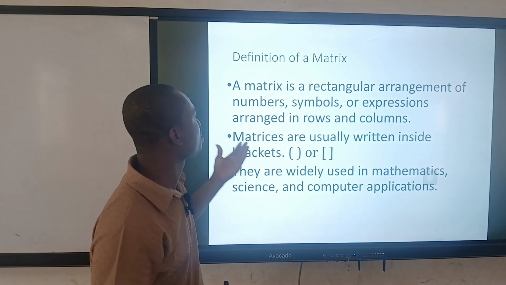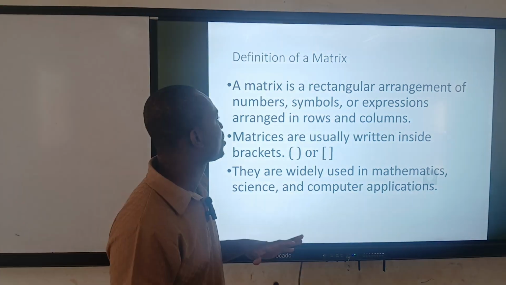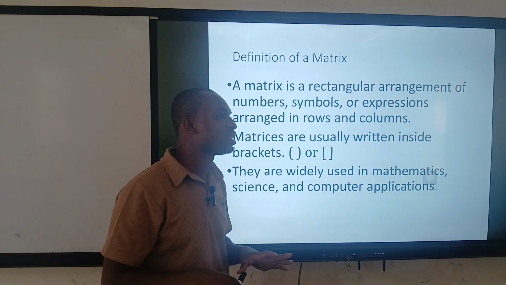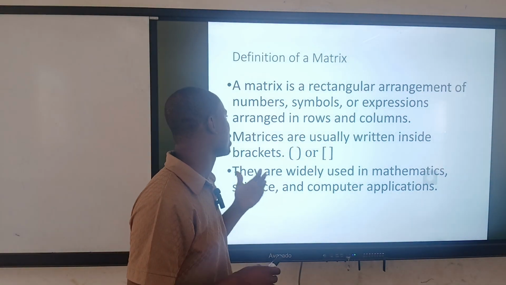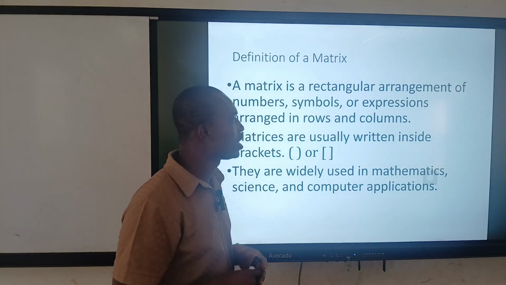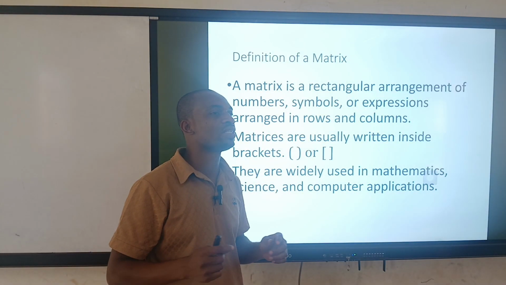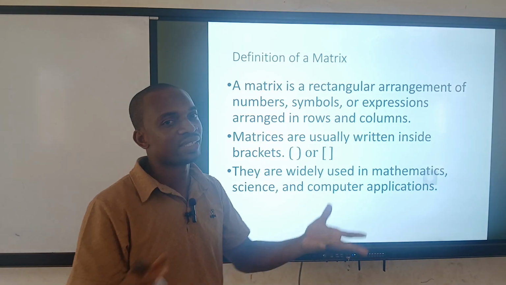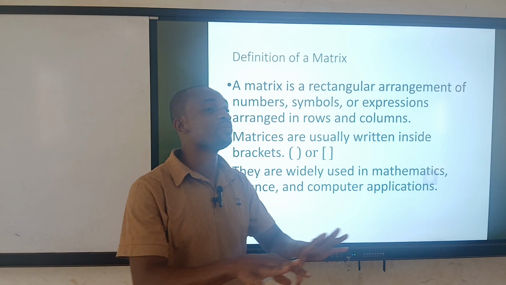So when I say matrix, the simplest is: a matrix is a rectangular arrangement of numbers, symbols, or expressions arranged in rows and columns. So when you're talking about matrix, you're talking about an arrangement of numbers. Let's put it at the simple stage. Arrangement of what?